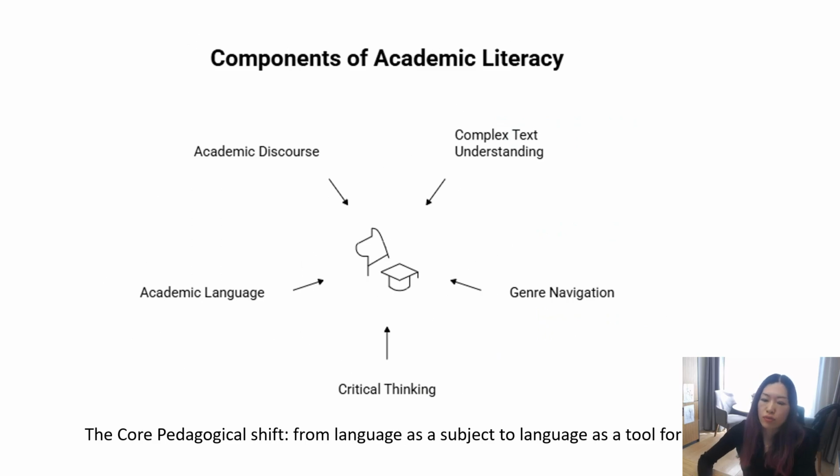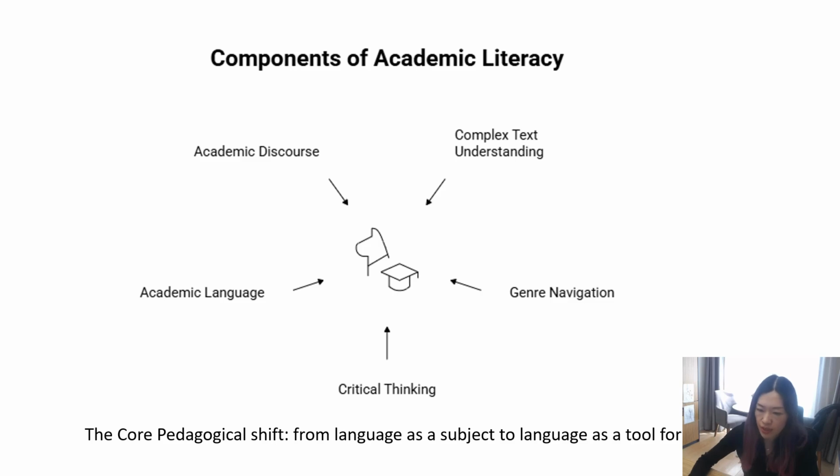First, it's crucial to define what we mean by academic literacy. It is far more than reading and writing. It is more about the ability to understand and produce complex texts, including textbooks, research articles, essays, reports, and navigate different genres. Knowing how to write a reflective report is different from writing an argumentative essay.